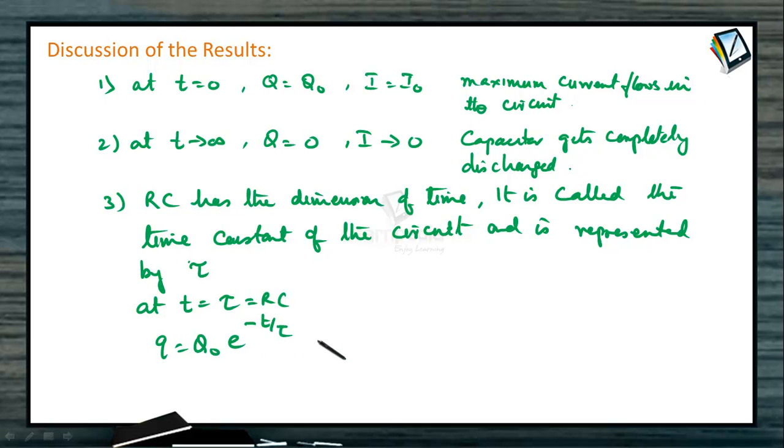When t is equal to tau, this will be Q0 into 1 by e, that is equal to 0.368 times Q0. Similarly, current I is equal to I0 e to the power minus t by tau. When t is equal to tau, this can be written as I0 into 1 by e, so the current will be 0.368 times I0.